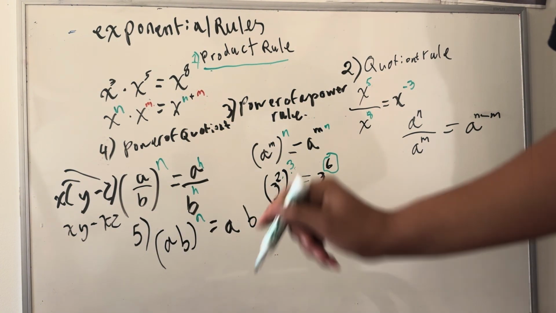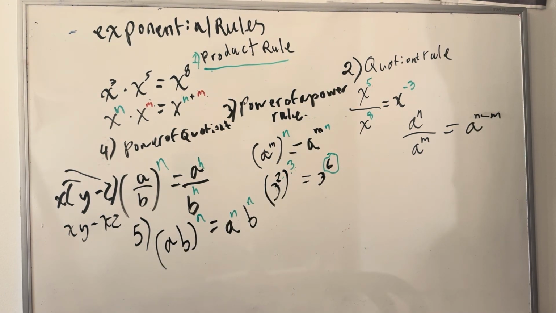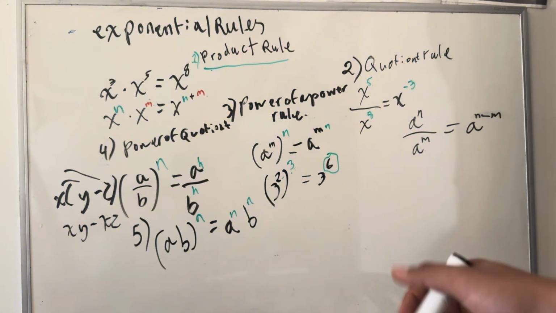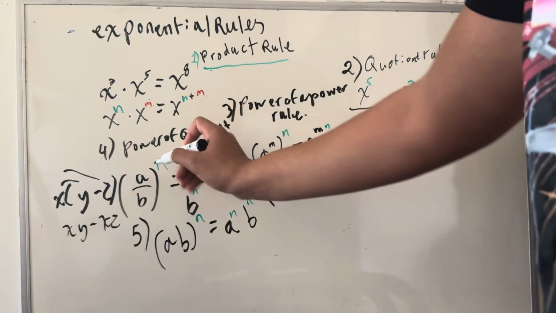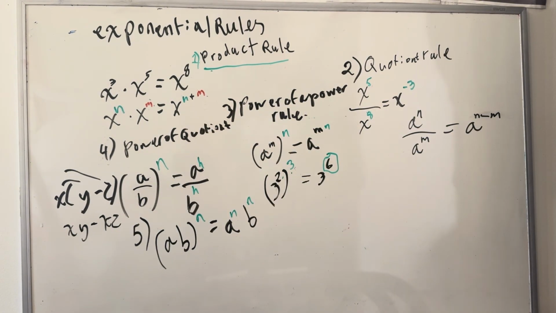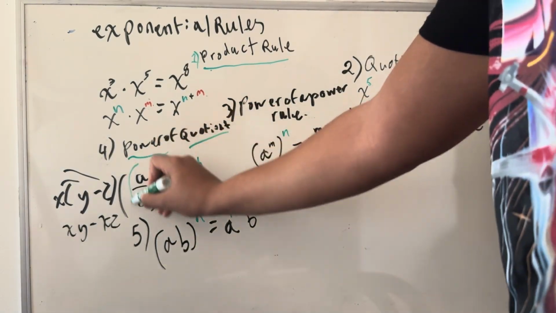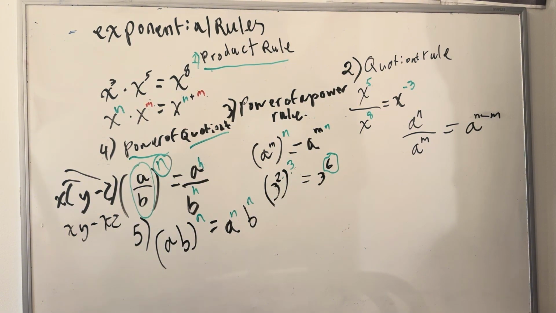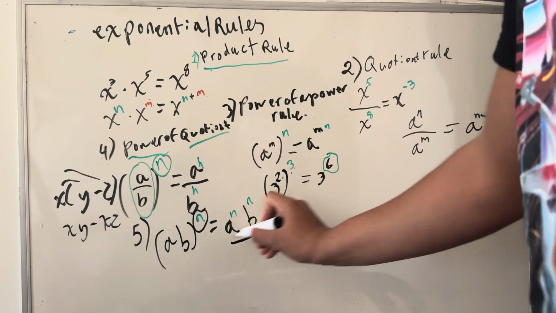So now it becomes a to the n times b to the n. So, what is this one called? It's called the power of a product rule. And it's the same as the power of a quotient. Just think power, it's in the name. Power, exponent, and quotient, division. And for this one, think of power, and then you have product, multiplication.